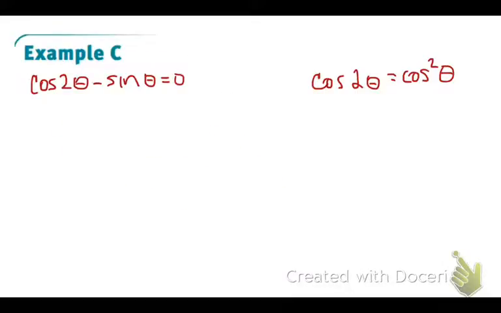Okay, our cosine 2 theta minus our sine theta. What did you replace your cosine 2 theta with? 1 minus 2 sine squared theta minus the sine theta that's there. So what did we do?